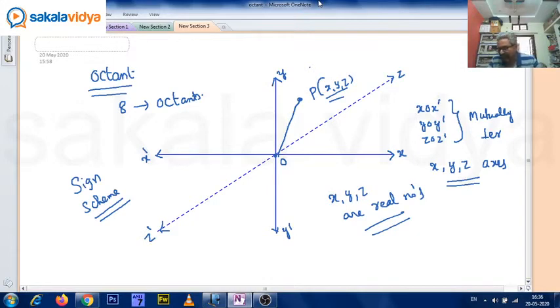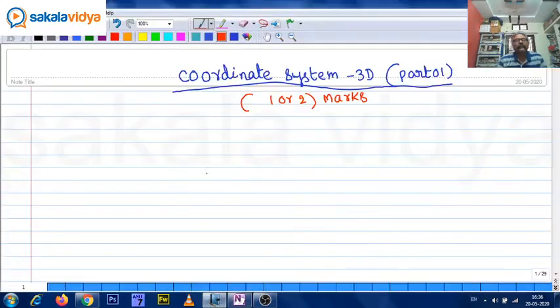Each part is called an octant. In each octant, what will be the coordinates of the point? If one point is (x, y, z), it will be divided into all 8 components. Sign scheme you need to remember.